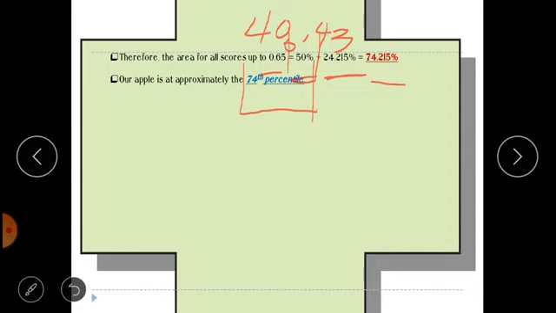Hindi natin kukunin yung decimal part. So, halimbawa, kung i-round off natin yan, gusto natin kunin 75%, yung percentile niya, 75 lang din. Okay? So, ayan yung example natin ng pagkuha ng z-score or standard score using the standard table.